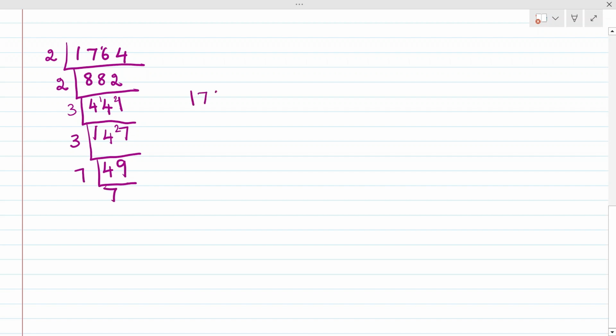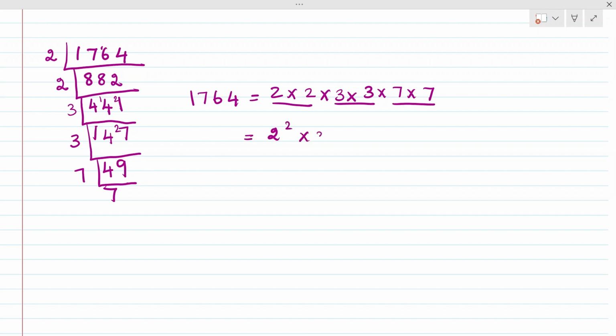So now 1764 equal to 2 into 2 into 3 into 3 into 7 into 7. Okay, so when you group, there are two 2's, two 3's and two 7's. So it will be 2 square into 3 square into 7 square.